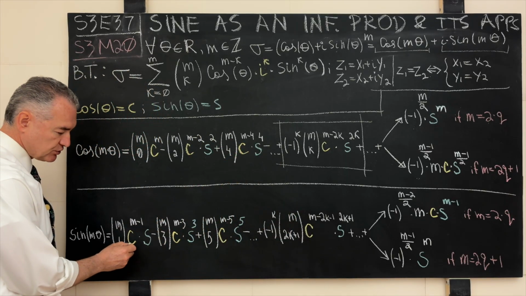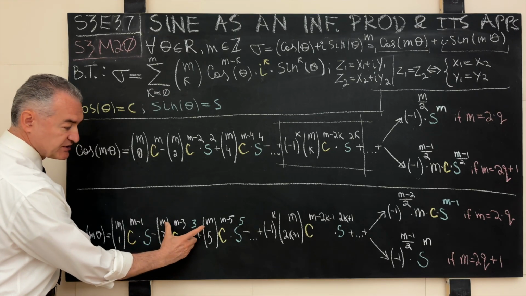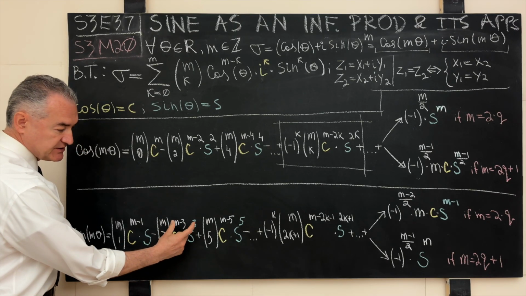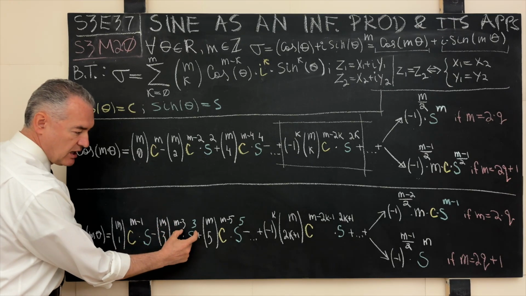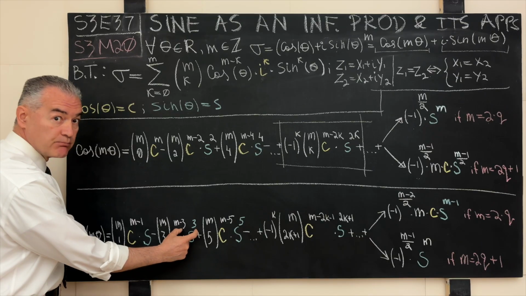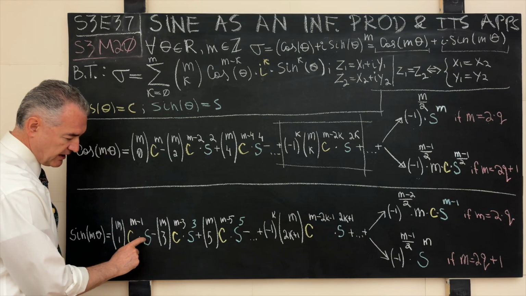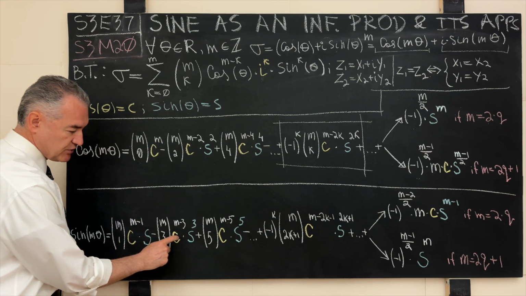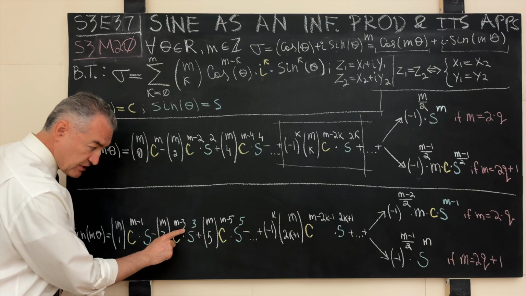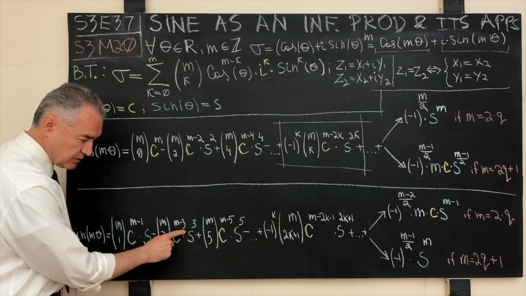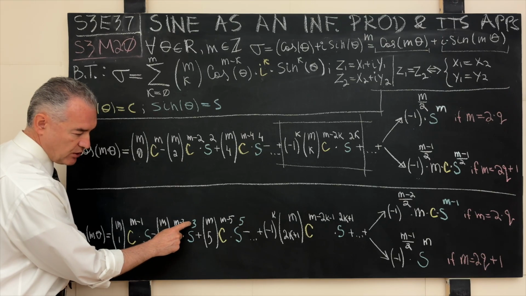Consequently, the powers of the trigonometric functions of cosine and sine will, of course, sum to m, but this summation will be done by splitting these powers into the odd components. So we have m minus 1 for the first term, sine raised to the first power. For the second term, we have cosine raised to the power m minus 3. 3 is an odd number. And then the trigonometric function of sine raised to the power of 3.